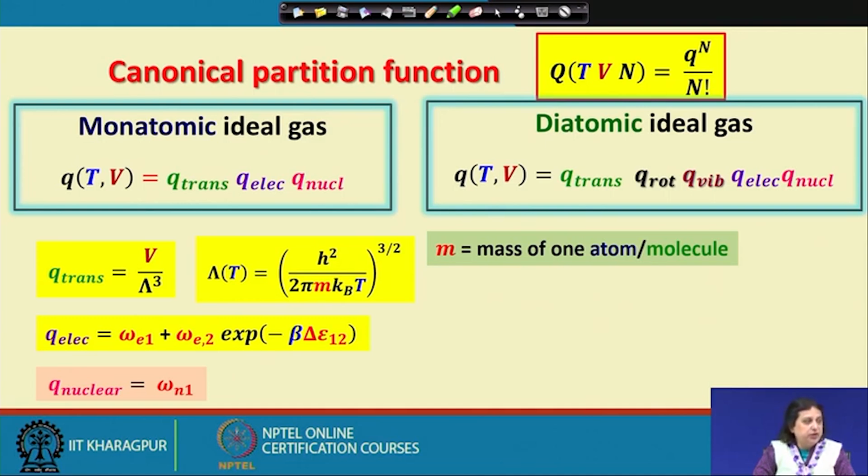But as I have already noted here, we need to worry about these two parts, q rot and q vibe, if you are talking about the diatomic ideal gas.